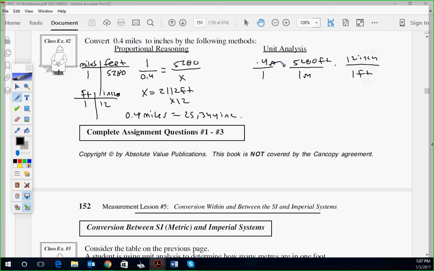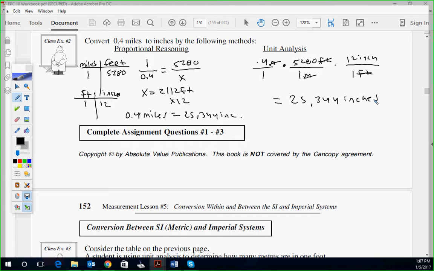So my miles cancel, my feet cancel, and I get inches. With all ones on the bottom, I just multiply everything on top, and again it gives me that same answer of 25,344. So that's why I'm selling unit analysis a little bit more. Any questions on that?